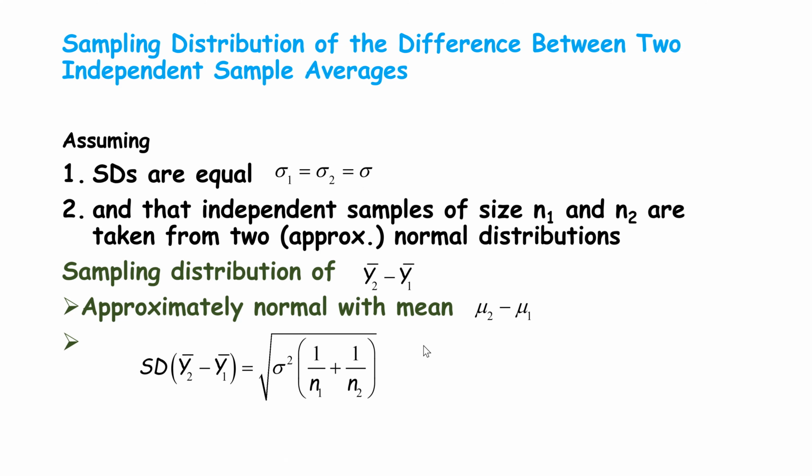So the sampling distribution of the difference will be approximately normal with mean the difference of the means and standard deviation calculated under this expression. Because I am assuming the two sigmas are equal, this is sigma, but of course we will not know this, we will estimate it.